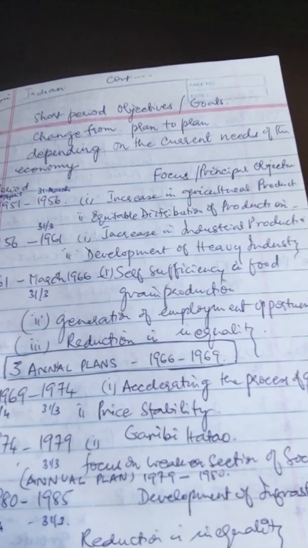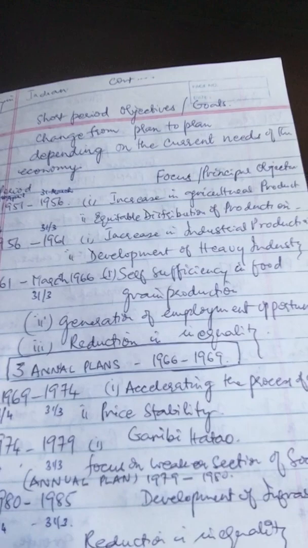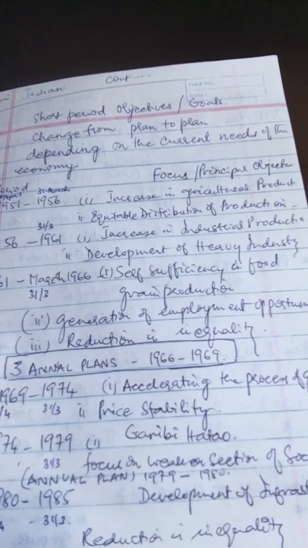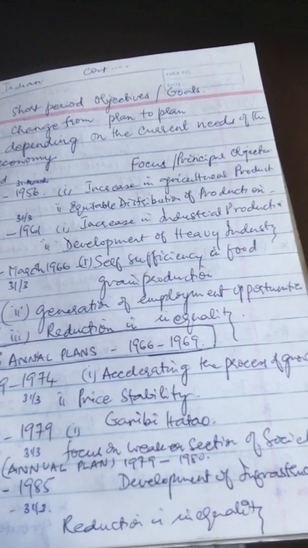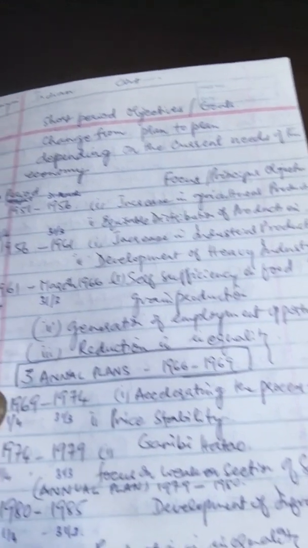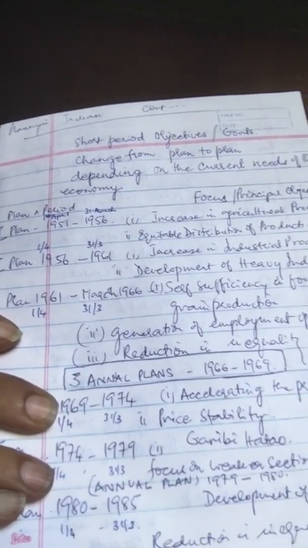Then the 6th plan was to develop infrastructure and reduce inequality. And the 7th plan, generation of employment opportunities and also increase in agricultural productivity.